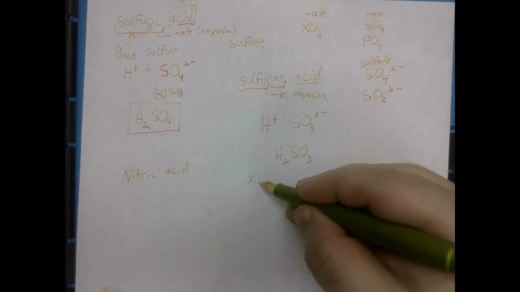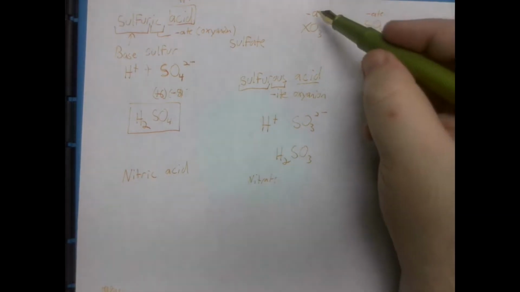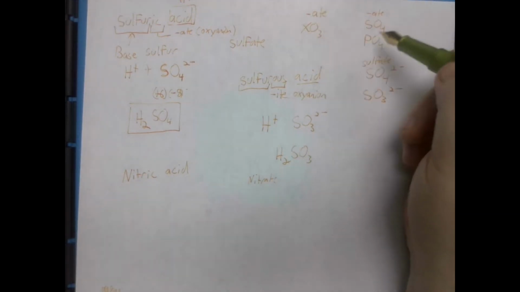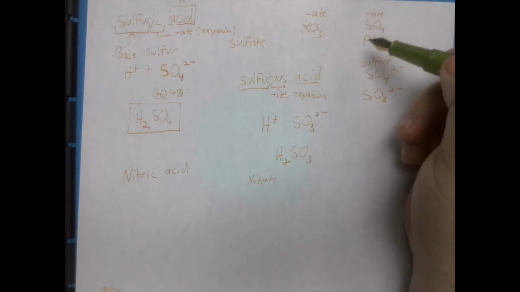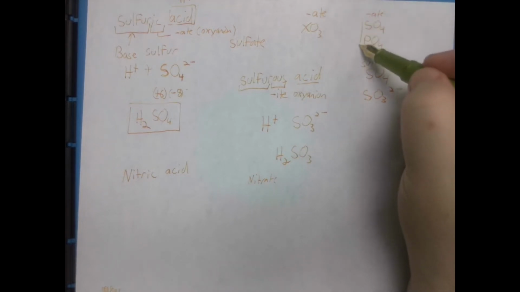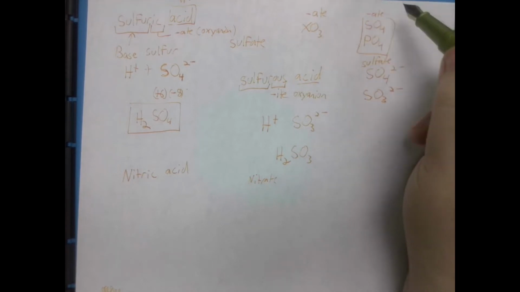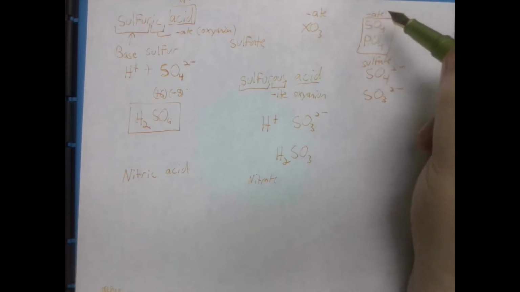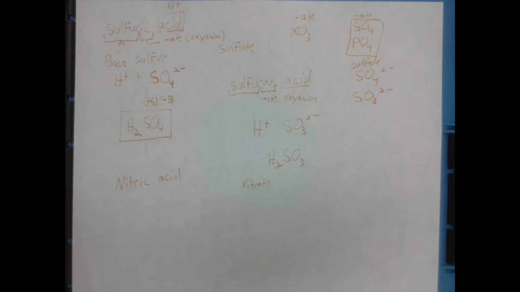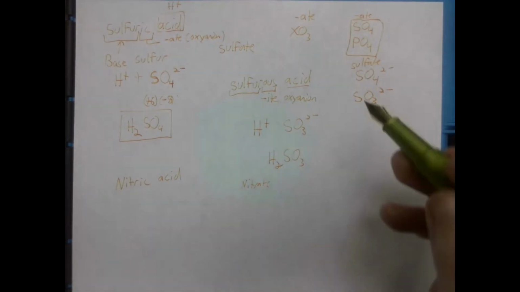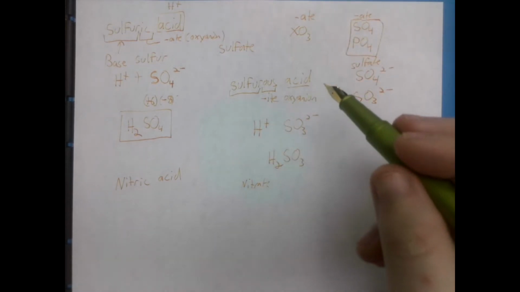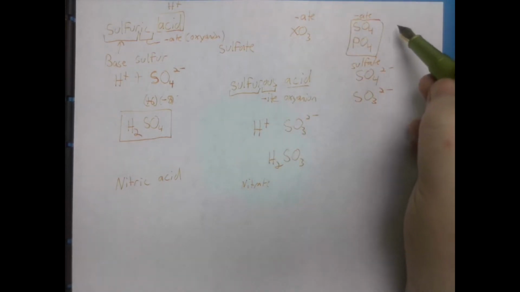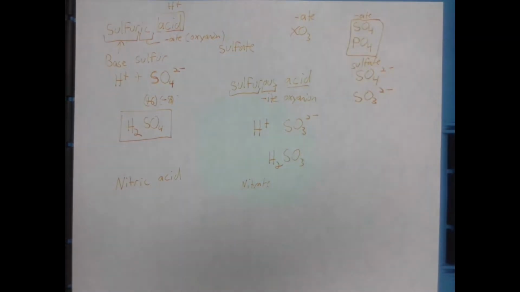So remember, our common -ates are all O3 except for sulfate and phosphate. Chromate is also a 4, but we can ignore it because it's very uncommonly used. In this class, sulfate and phosphate are very, very commonly used, and a lot of the other -ates, such as carbonate, are commonly used. So these are going to be our 2 main exceptions to the O3.